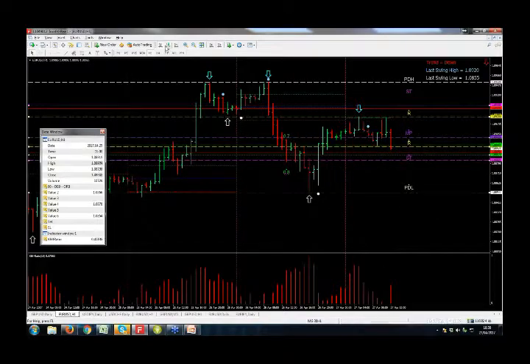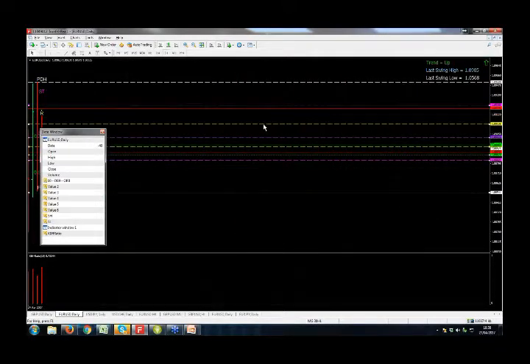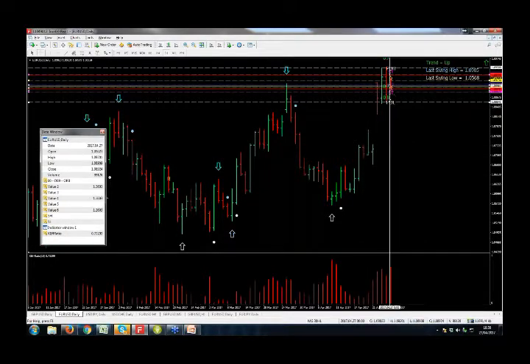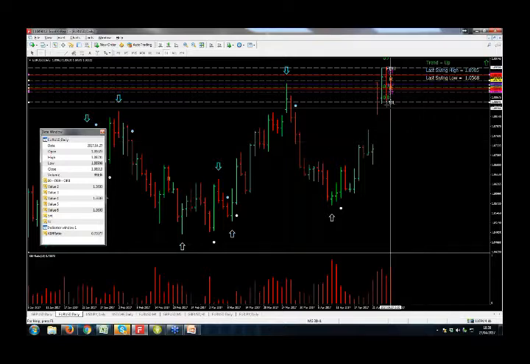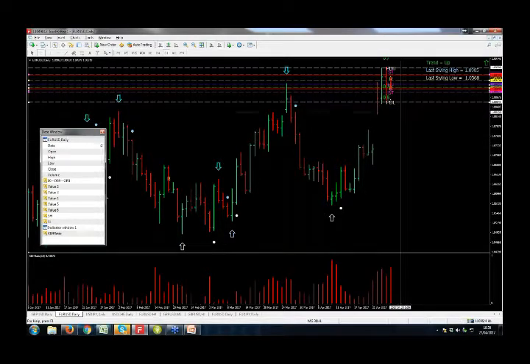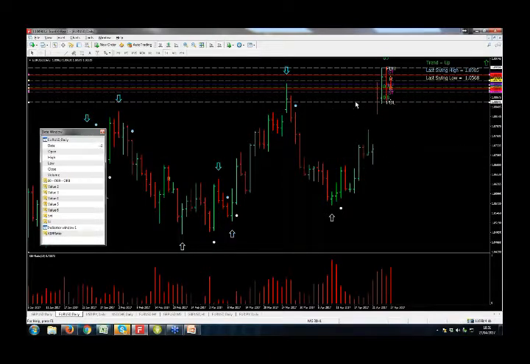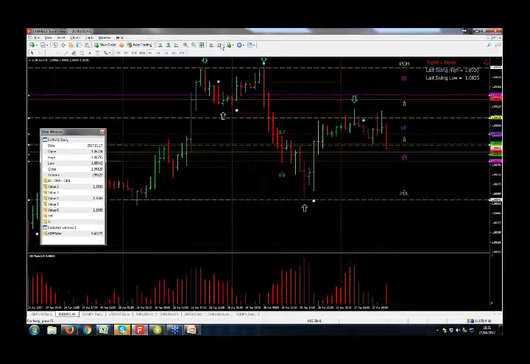I also know what the probabilities are if the white line is broken, of us making the range to the downside. And if the PDL is broken, then obviously you can see momentum kicking in, and we'll more than likely have this gap being filled over the next couple of days. So it's a really interesting setup, but it's all done purely price driven. I'm not using indicators, and I'm doing it all live right now in front of you.